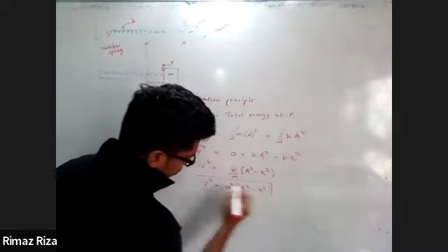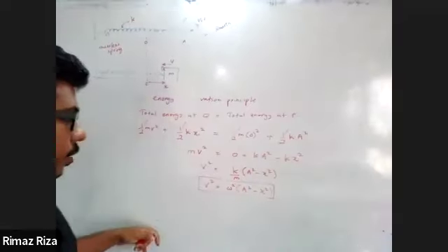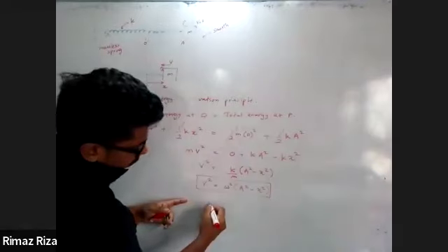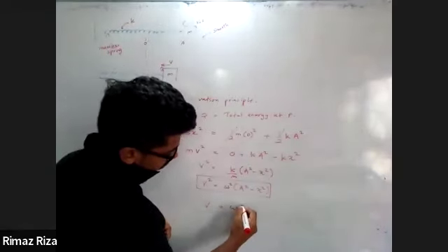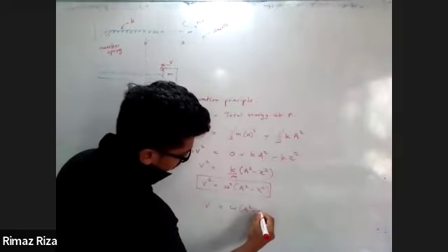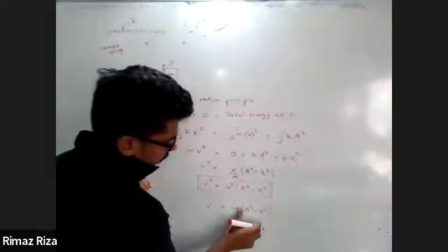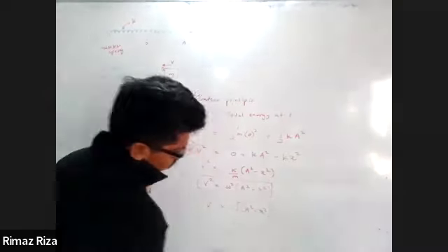So this is the formula that I used to remember. Actually, we want to get the v now. So v equals omega times the square root of a squared minus x squared.